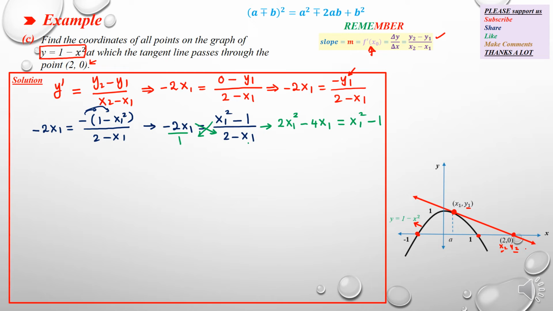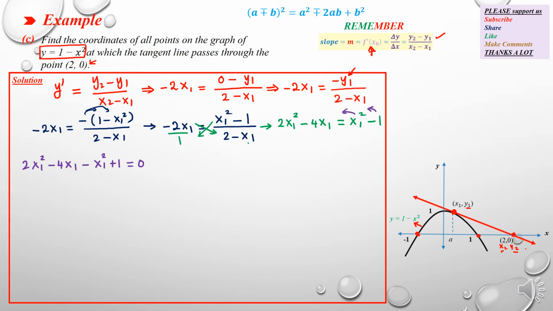Now we have a quadratic equation, and you have to solve this equation by moving all from right hand side to the left hand side, and you will get 2x1 squared minus 4x1 minus x1 squared plus 1 equal to 0.